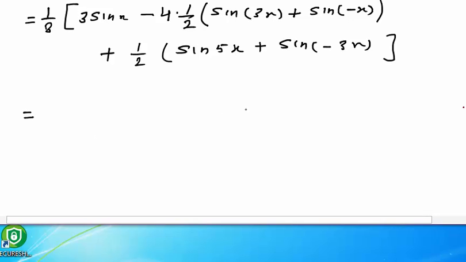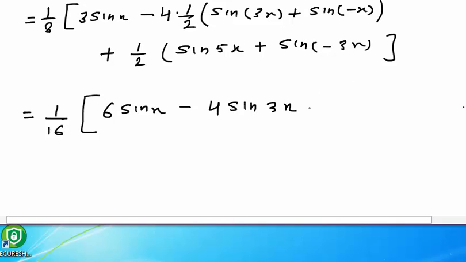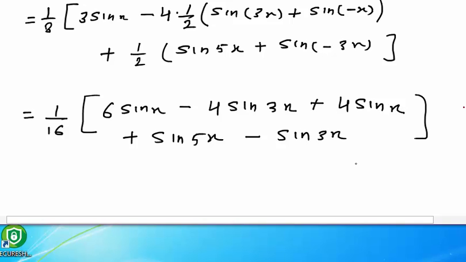I have two terms with 1 upon 2, so I multiply the whole inner term by 2 and take that 2 out. So I will get 1 upon 16, and here 6 sin x minus 4 sin 3x. This is minus minus, so it is plus 4 sin x. Then this 2 we have already taken out, so it is sin 5x and minus sin 3x.